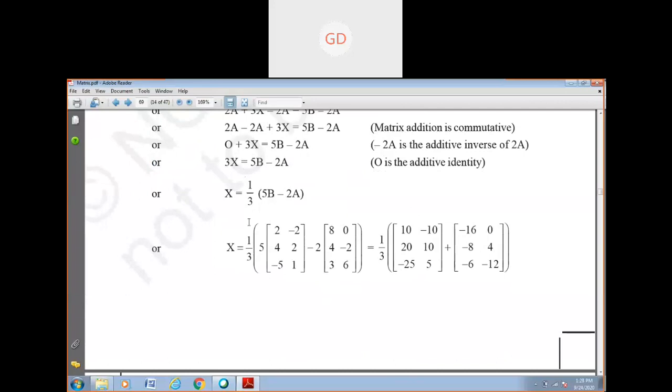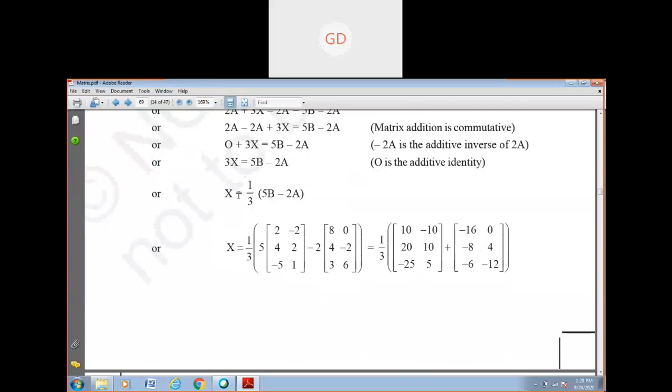Now up to this step, simply for our convenience, the matrices A and B, whatever matrices are given for A and B, are not placed here for the convenience of this simplification.